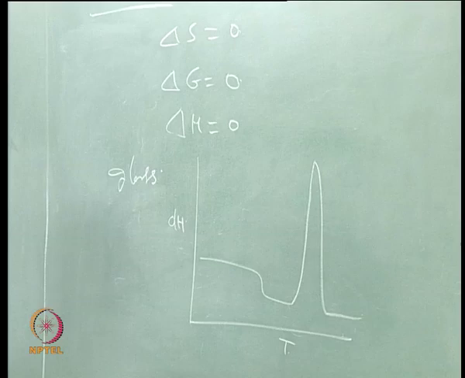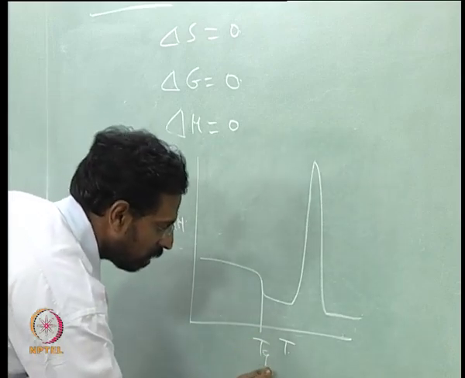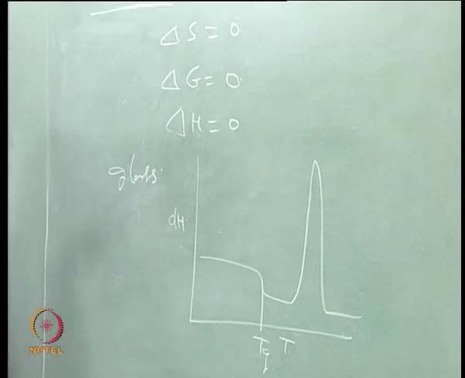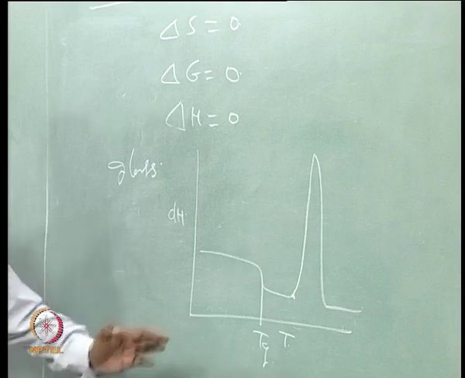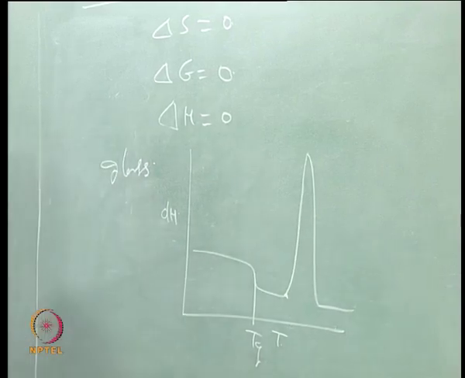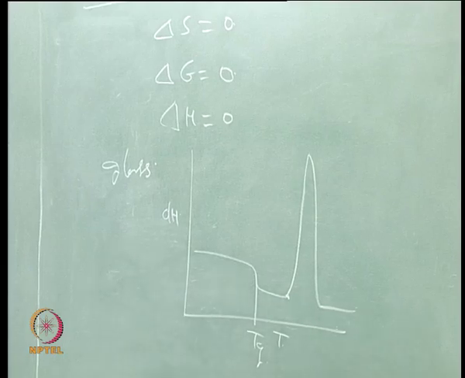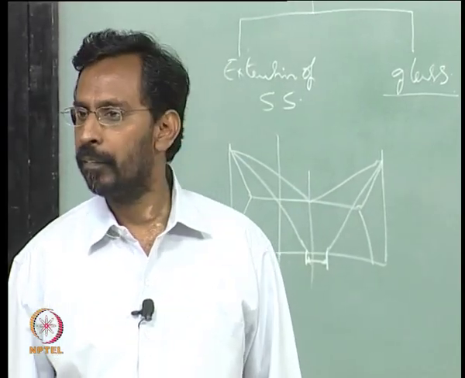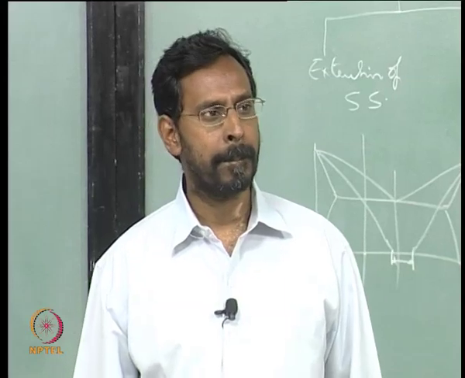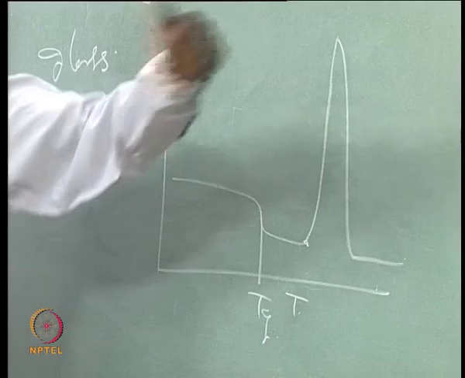Yes, the first one is what is called the glass transition, called Tg, and the second one, where at this point you start seeing a peak, we call the onset of crystallization. Then what is happening at the glass transition? When I am heating a glass, at the glass transition, what is actually happening? And what is it that becomes a crystal later?